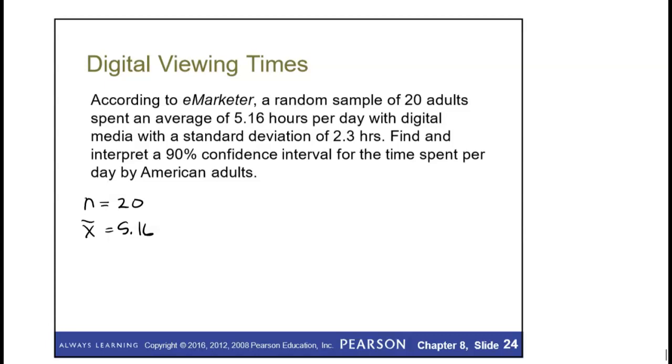This one has the words, a random sample of 20 adults spent an average with a digital media with a standard deviation of, so it doesn't say this is the population. This is coming from that random sample. So you've got to be careful. When the standard deviation comes from the random sample, it's just simply S.